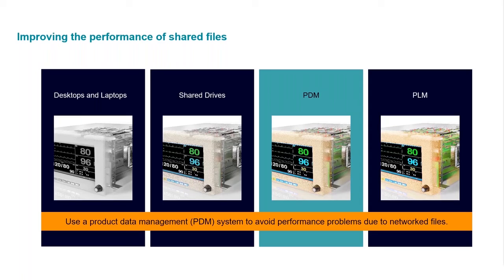So these PDM systems can be more cost effective than many companies realize and can result in substantial performance gains. So while the PDM vault is in a central location, when you check your files out to use them, they are copied down to your local machine and a cached version locally. The PDM system can accomplish this in a way that doesn't cause problems with duplication, overwriting, or permissions.